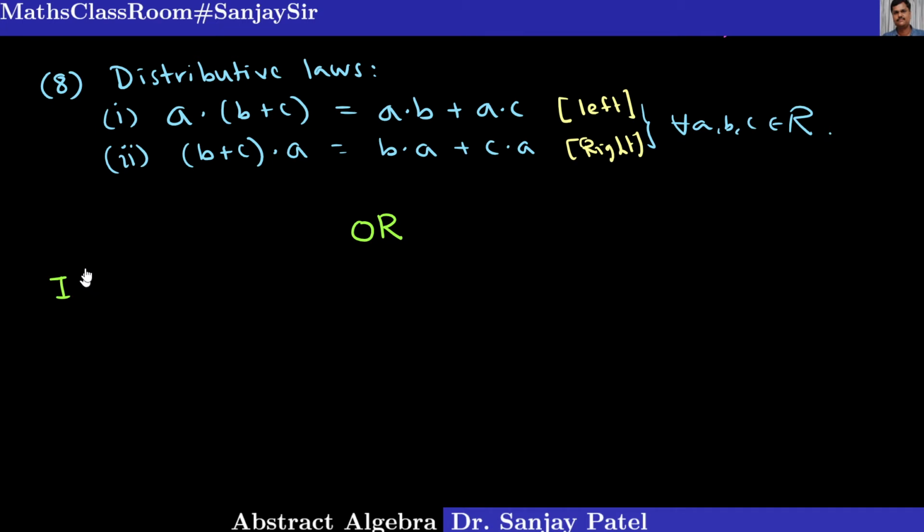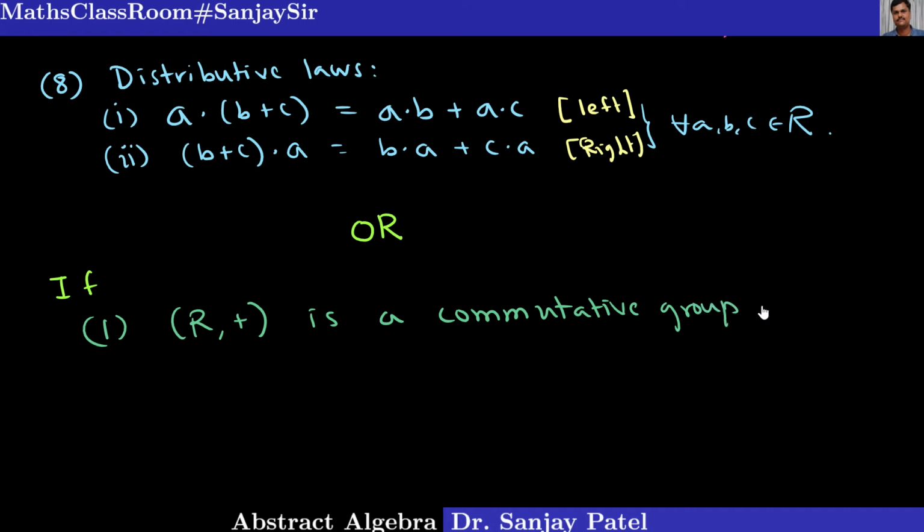If R plus is a commutative group, and number 2, the multiplication operation is associative, and closure, and let me write both the properties separately.